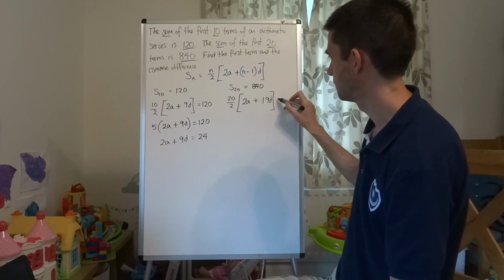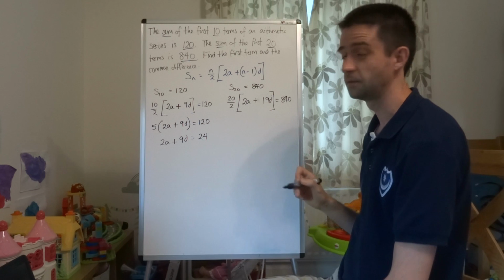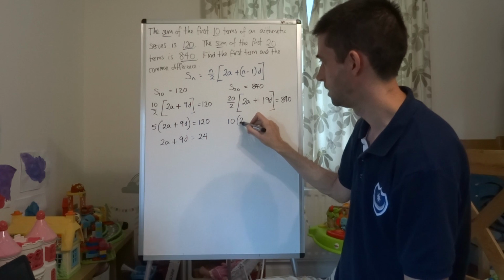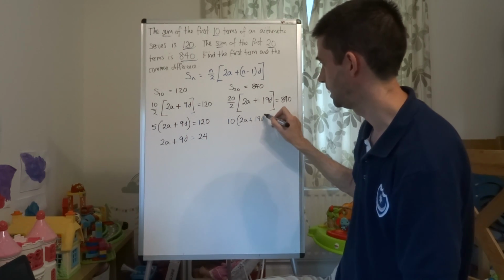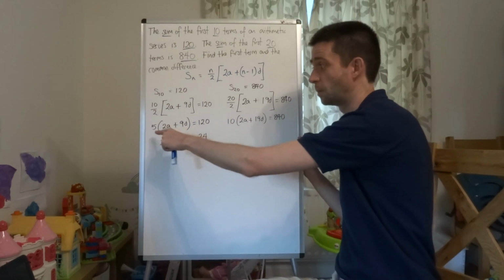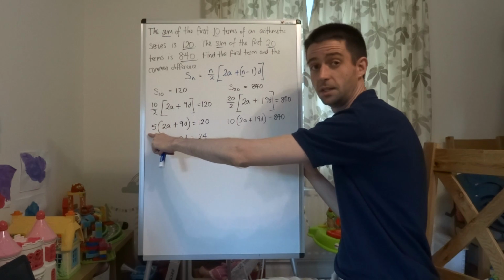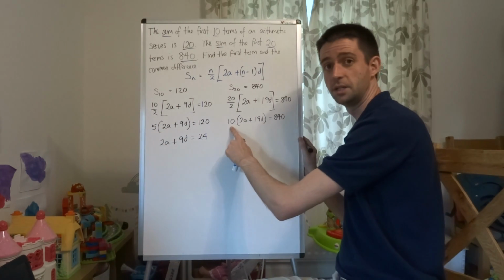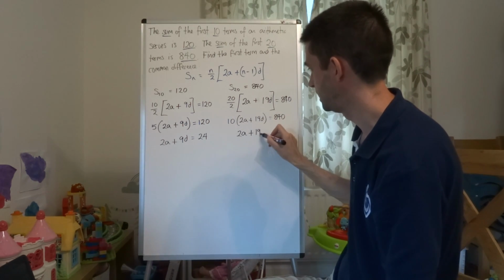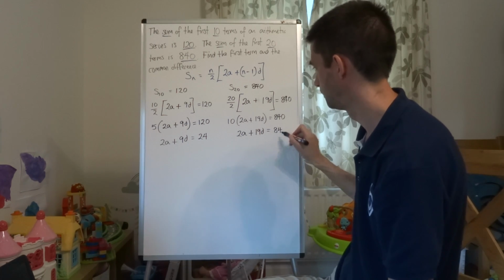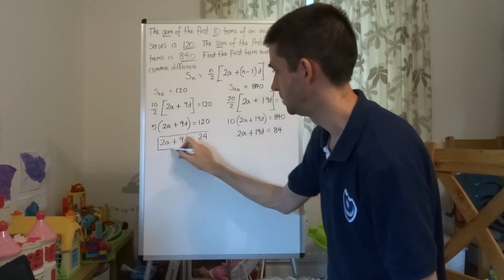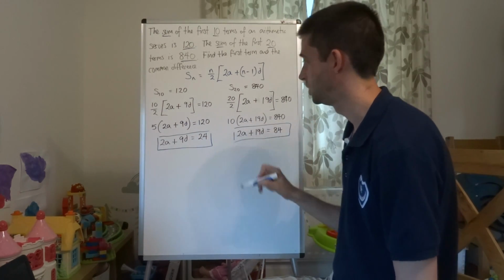So 19d, and that equals 840. 20 over 2 is 10, so I have 10 lots of (2a plus 19d) equals 840. And just as I did here, where rather than expanding the bracket out I divided by the 5, here I'm going to divide by the 10, which is going to give me 2a plus 19d equals 84.